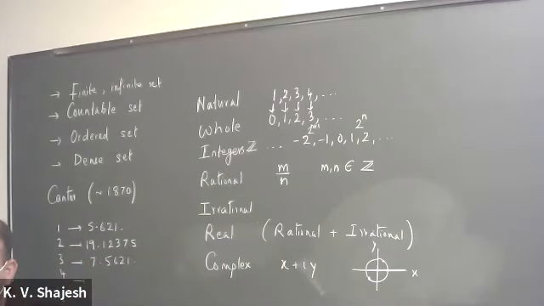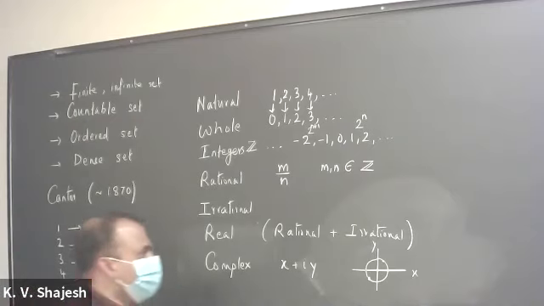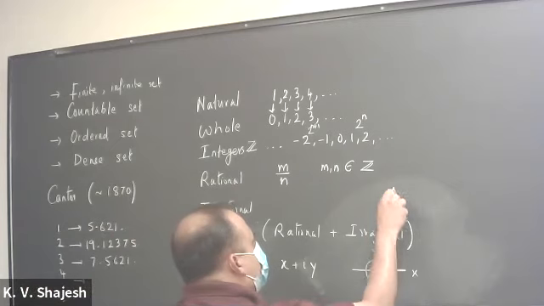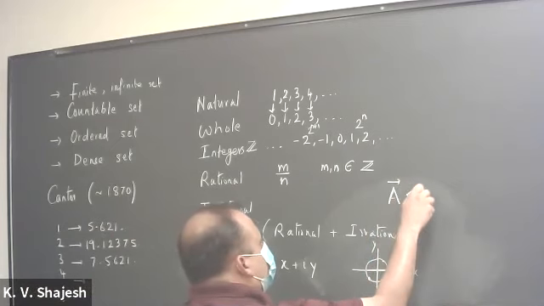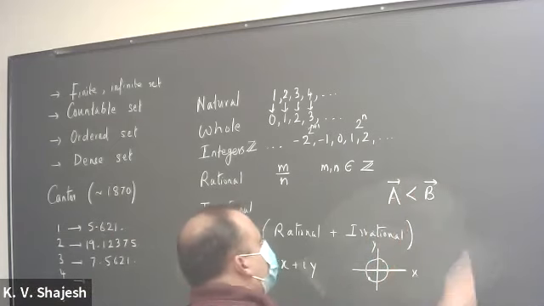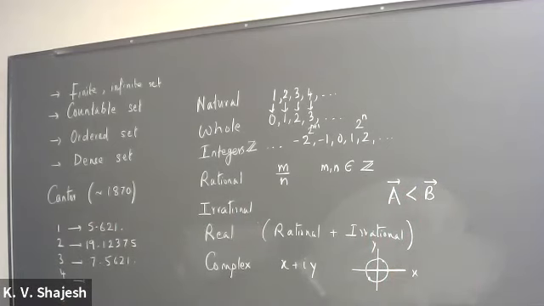Is that clear? Right. So there is no ordering in complex numbers in the strict sense that you cannot say A is less than B or not. If you have vectors, for example, what do you mean by A is less than B?